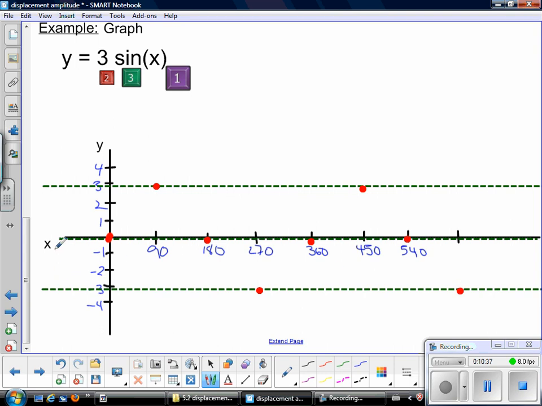Okay, so it just keeps on going and going. And again, all we need to do then is to draw a nice smooth curve through it, and we are finished. It's that simple. All right, now you're saying it can't be quite that simple, Mrs. Broadhagen. Well, in some ways it can.